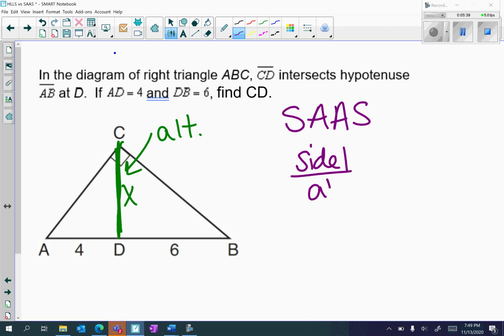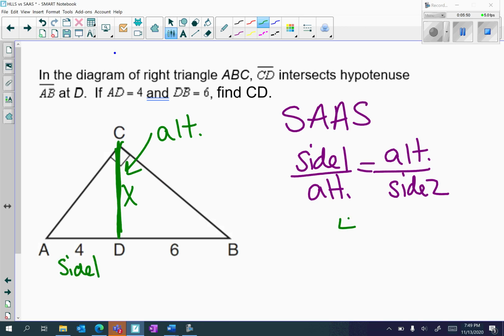Side 1 over altitude is equal to altitude over side 2. So we're going to say side 1 is 4 over my altitude, which is x, is equal to my altitude again, which is x, over side 2, which is 6.